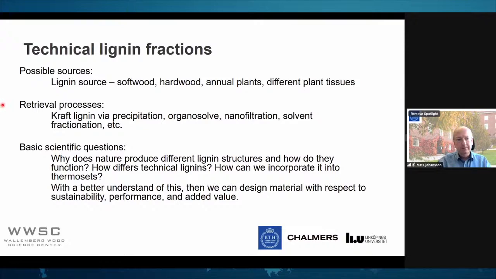You need to bring the lignin out, and how you do that will probably affect what you start with. You can do the Kraft lignin via precipitation, like the LignoBoost, organosolv, cross-flow filtration, fractionation, etc. So you have a possibility here to vary the retrieval processes.